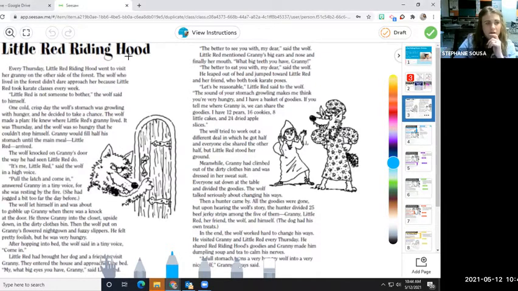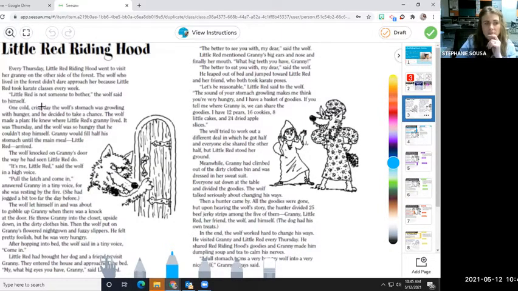Little Red Riding Hood. Every Thursday, Little Red Riding Hood went to visit her granny on the other side of the forest. The wolf who lived in the forest didn't dare approach her because Little Red took karate classes every week. Little Red is not someone to bother, the wolf said to himself.